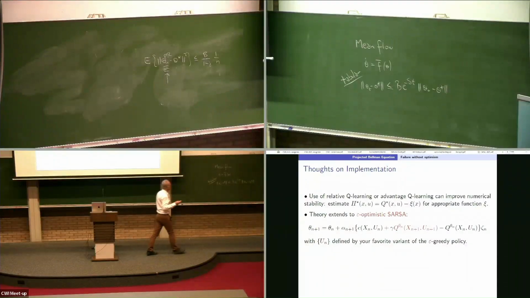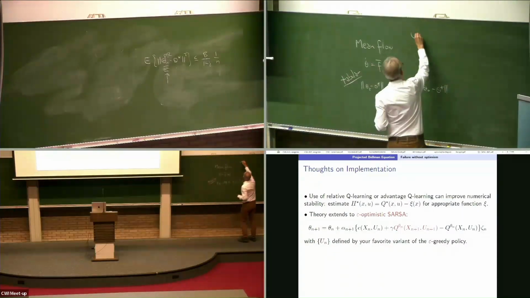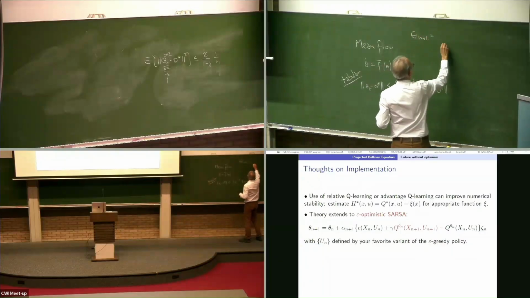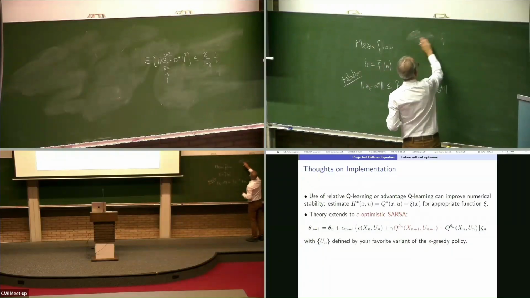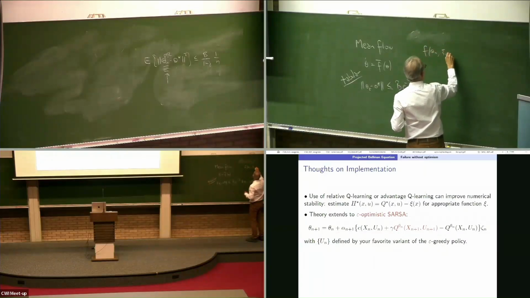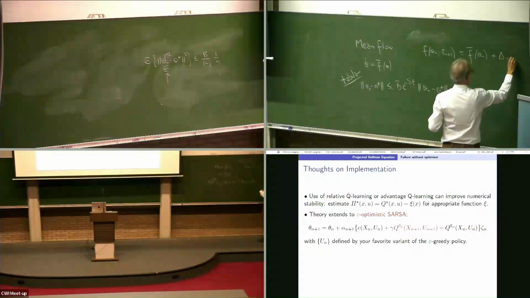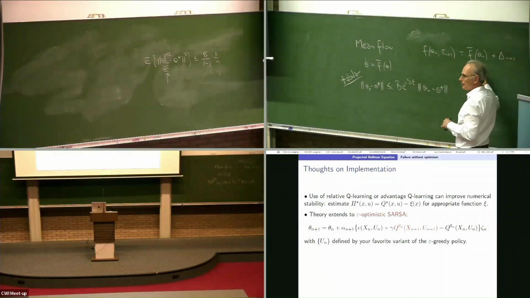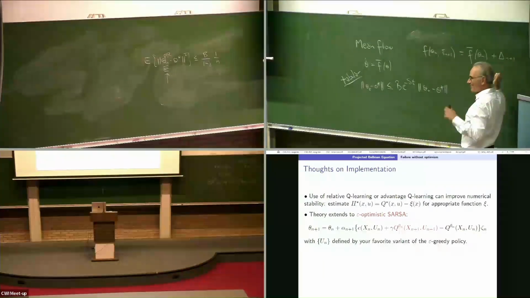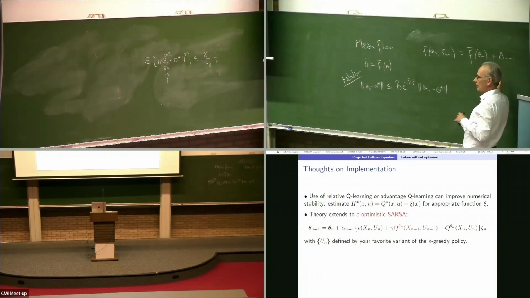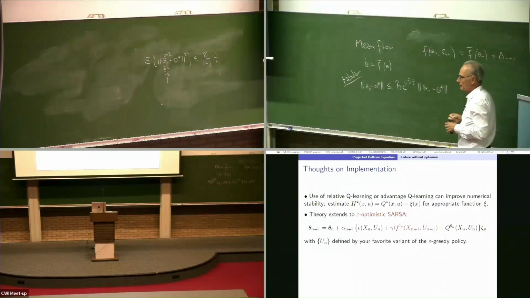So for example, if I had access to this and I could clip the noise, yes. Now, it might introduce some bias, but reduce variance and things like that. But I want to keep the linear growth rate of the mean flow.